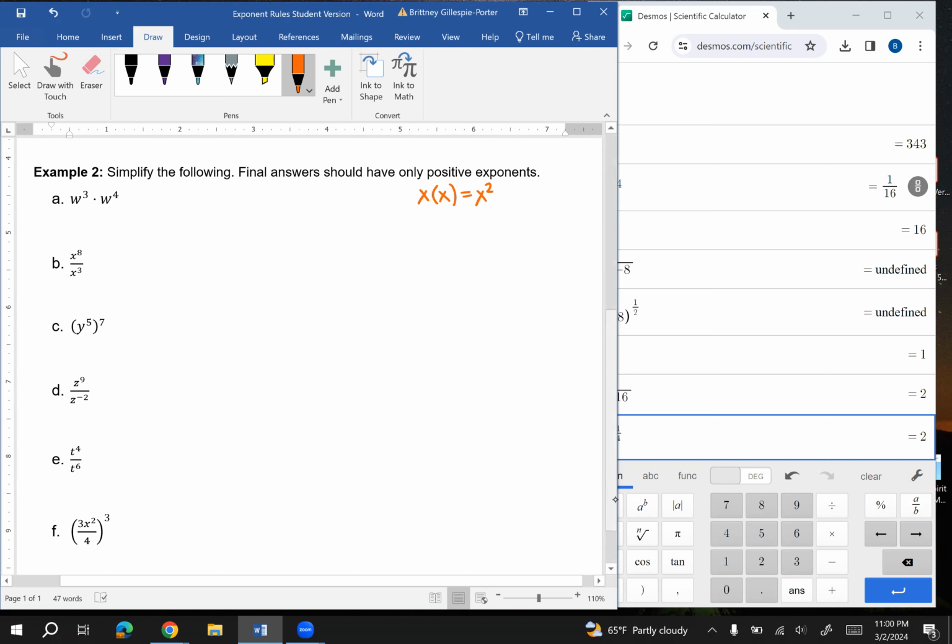And that was because we had each of these little x's with an exponent of 1. We had x to the 1 plus 1, which gave us x squared. So when we are multiplying w cubed and w to the 4th, multiplication makes us bigger, so does addition. We're going to get w to the 7th.